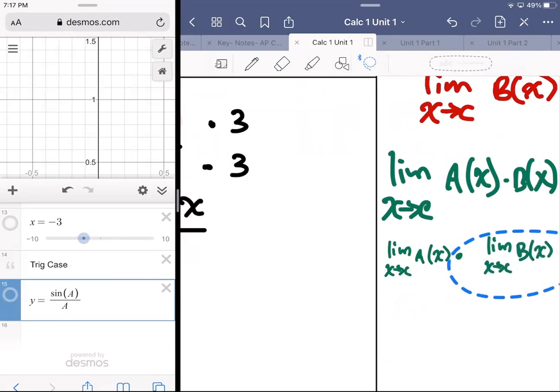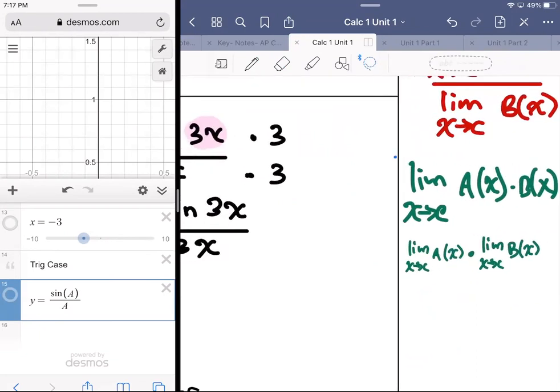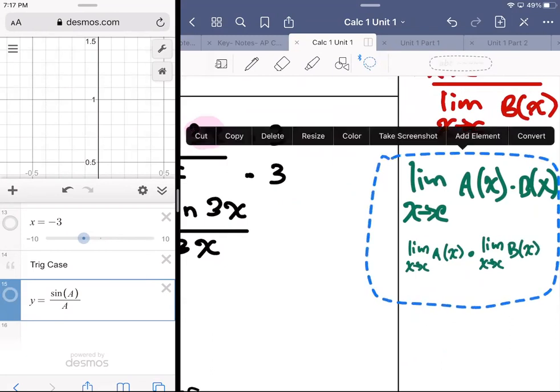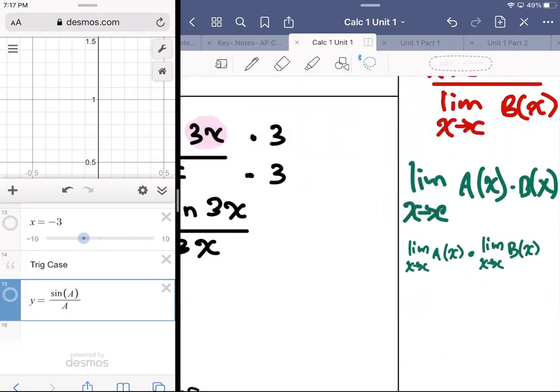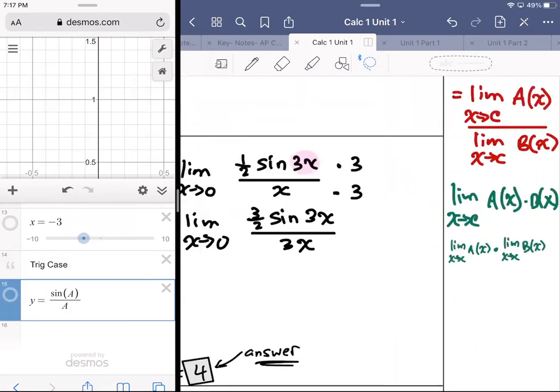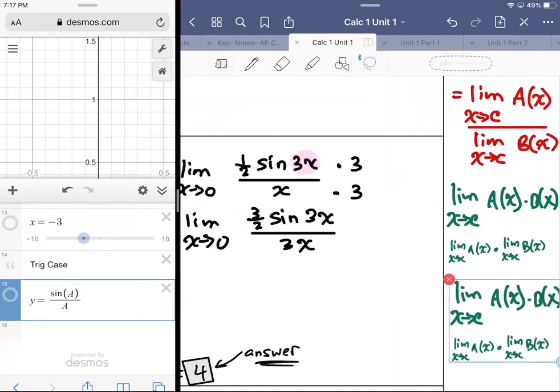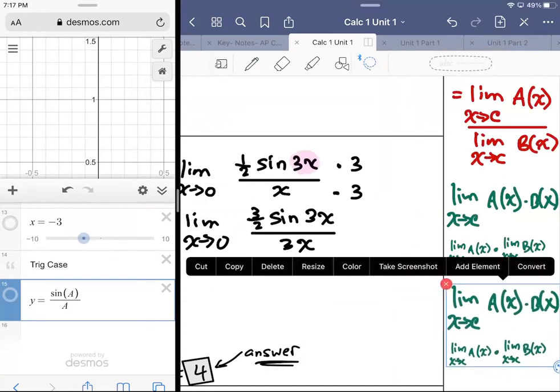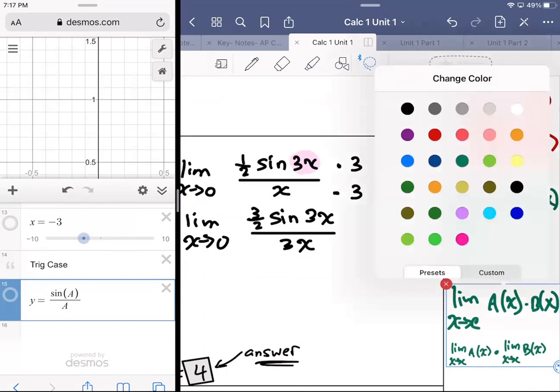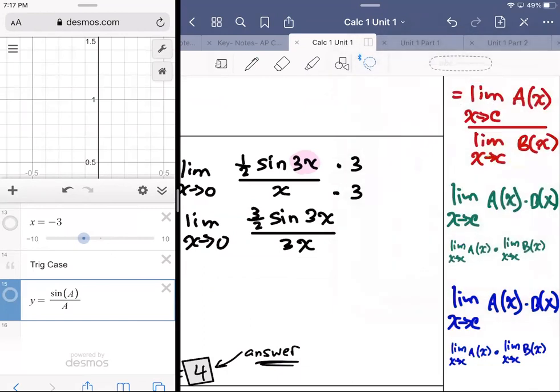Right, the same would hold true for addition and subtraction. All right, so I'm going to snag this, copy. I'm going to put a plus or minus in between.